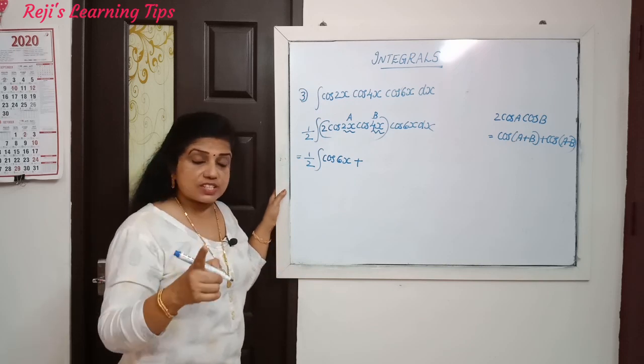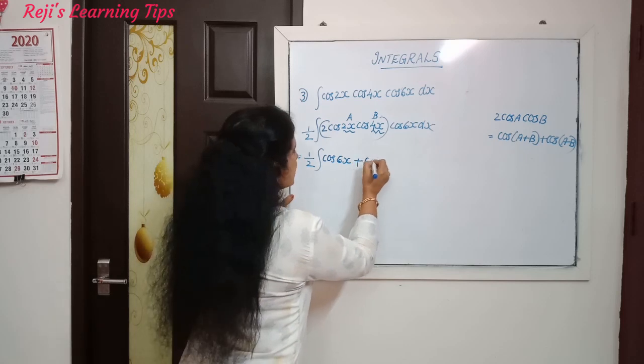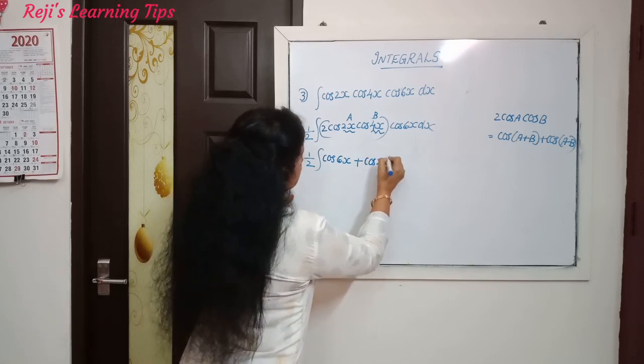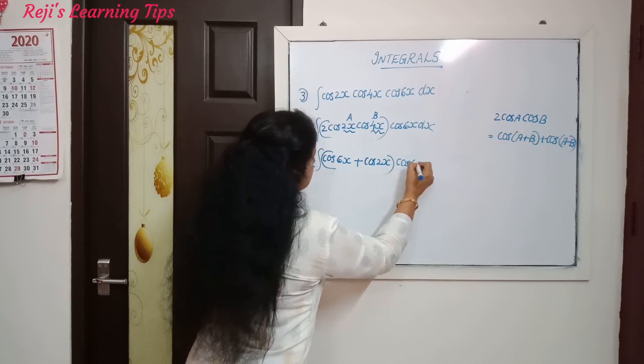Cos of minus 2x is equal to cos 2x, correct? Then we write cos 2x, then into cos 6x dx.